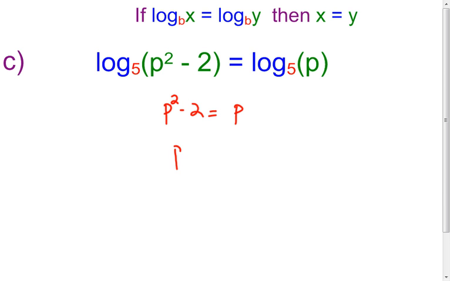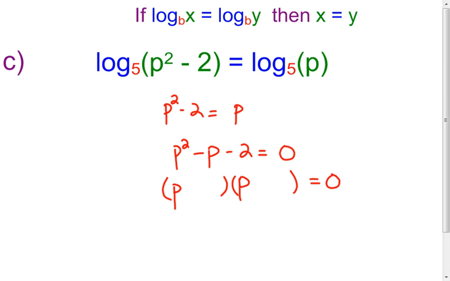So I'm going to make this p squared minus p minus 2 and set that equal to 0. And then, of course, I need to factor. So I have p and p, and 1 and 2, and negative and positive. Here, p will be negative 1. Here, p will be 2.